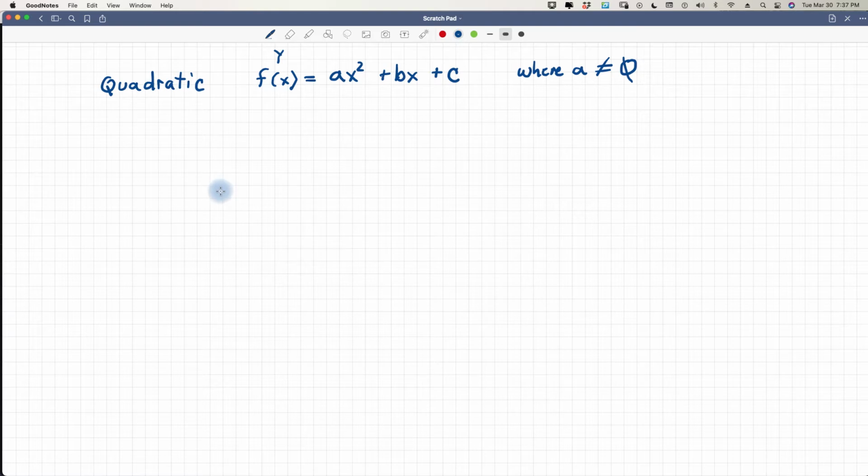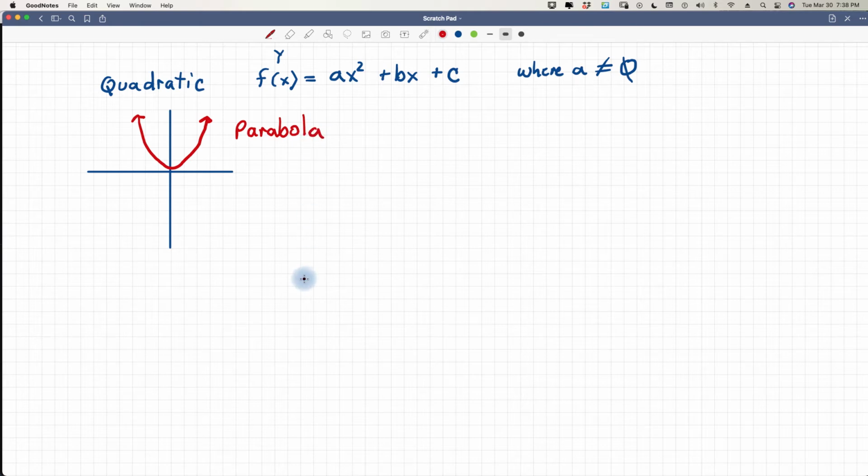And a quadratic function makes a shape on a graph that looks like this. Let me get a graph here. And that shape looks like a U. And one side is the mirror image of the other side. When you actually can draw it out on a real graph paper and get a real shape. So this is what a quadratic function looks like, and we call that shape a parabola.